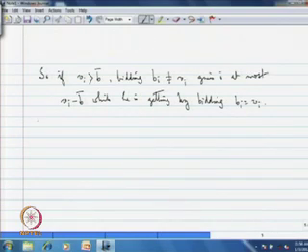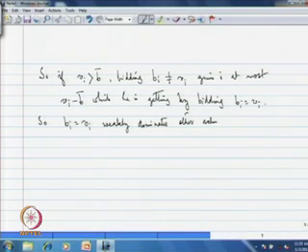All right. So, Bi equal to Vi weakly dominates other actions.